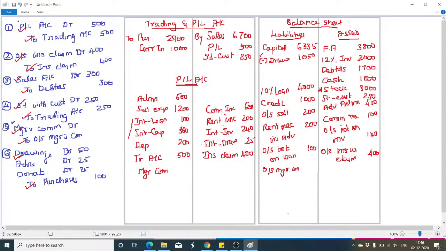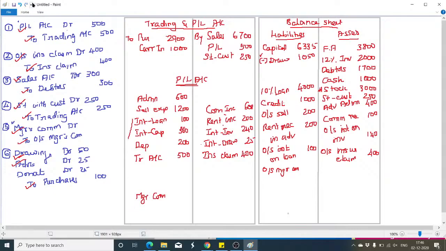Now drawings posted, advertisement still pending, donation still pending. These two are going to be debited here in P&L account. Advertisement. Once again, I'll keep the manager's commission last because I have to get the value here.